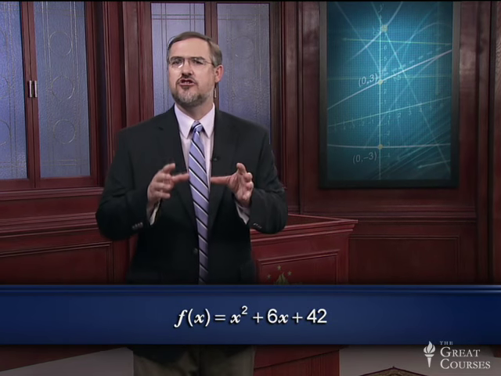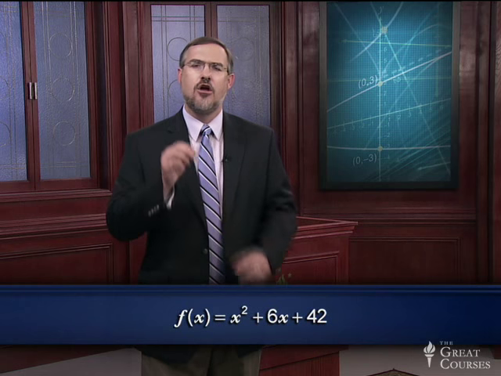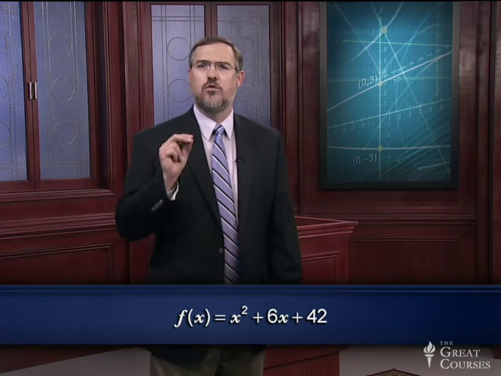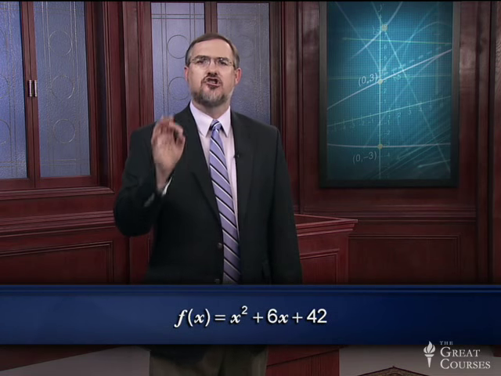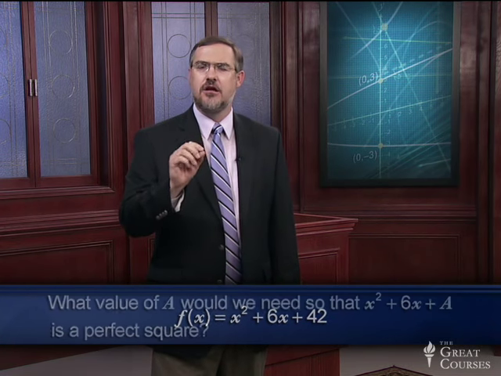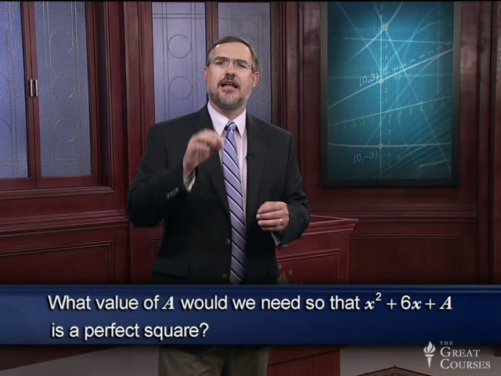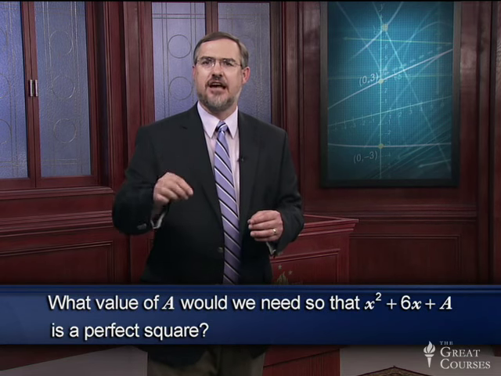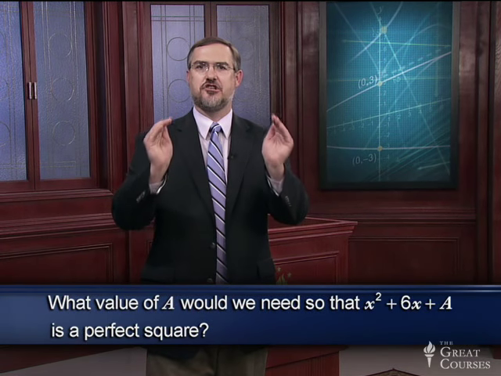Now here's a question that we need to ask in order to do this completing the square. What constant would we need to add to x^2 + 6x so that I end up with a perfect square? In other words, I want a number, let's call it a, so that when I write x^2 + 6x + a, I can factor that into a perfect square.